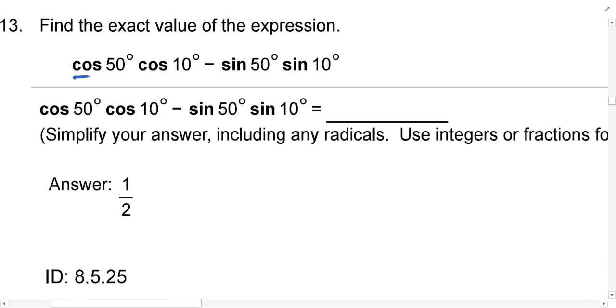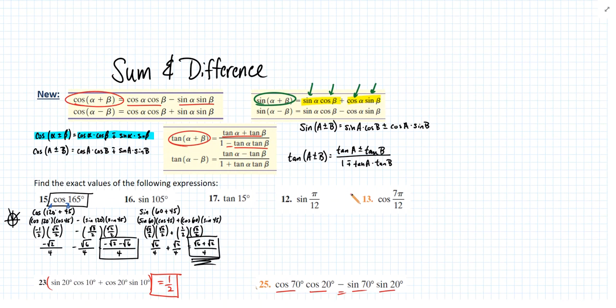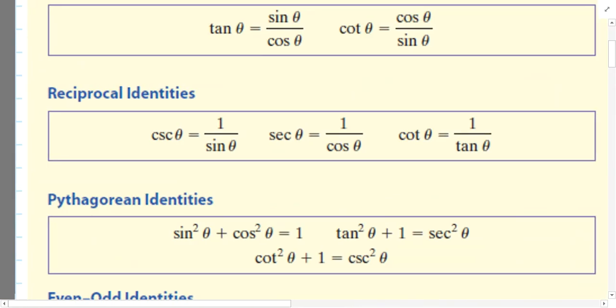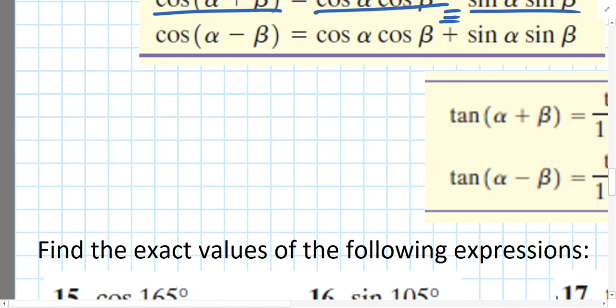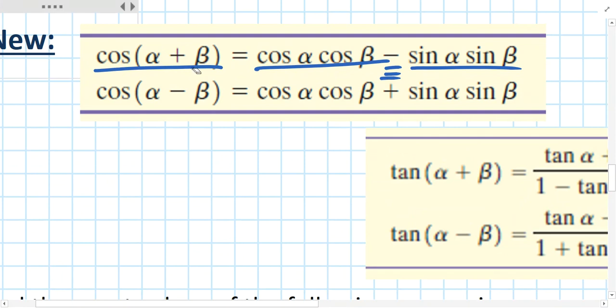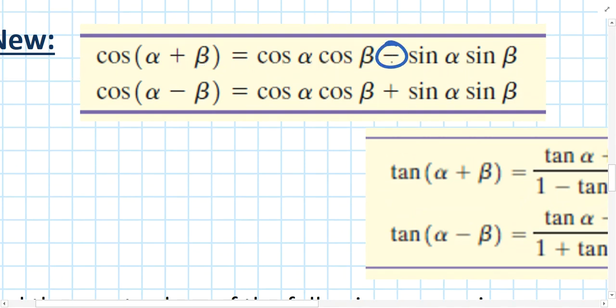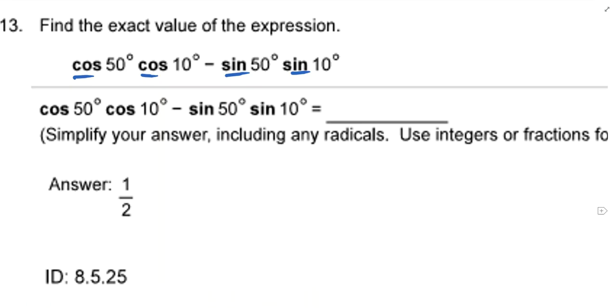In this example down here, we have cosine times cosine, sine times sine. So that's our sum or difference identity for cosine. Again, I'm looking at the notes from day 53, 54. And here we are, only this time when there's a subtraction sign in between the grouping, that indicated the sum identity. When there's an addition sign in between, that indicated our difference identity.